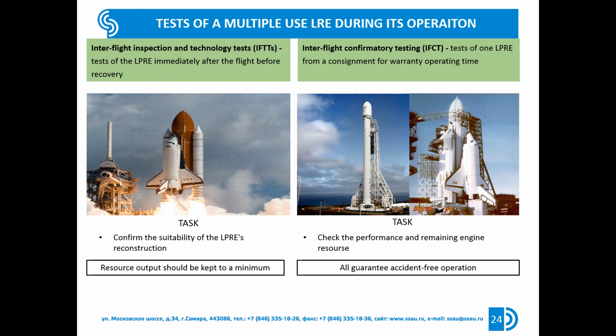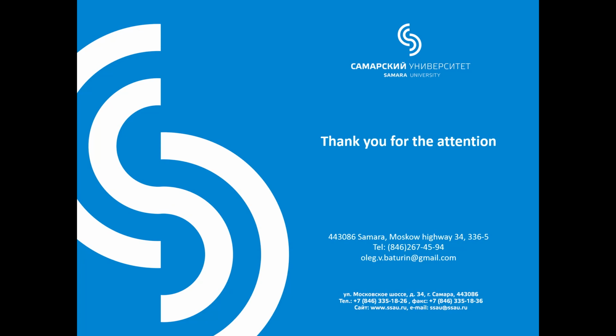If the inter-flight confirmatory tests are successfully completed, permission will be granted to use this batch of liquid propellant rocket engines again for the intended purpose. As statistics accumulate on the flight operation of a particular reusable space transportation system, the methodology for inter-flight control of LPREs can be simplified. I would like to conclude today's lecture with this.